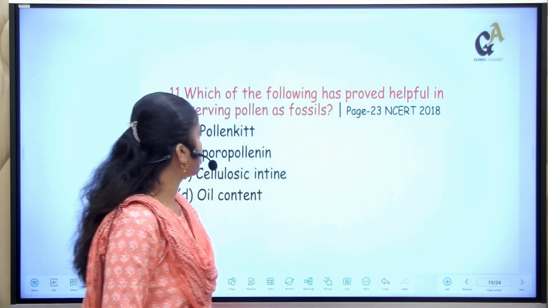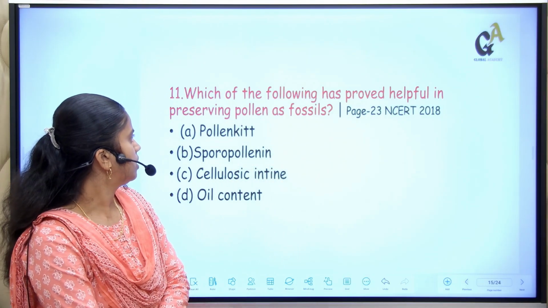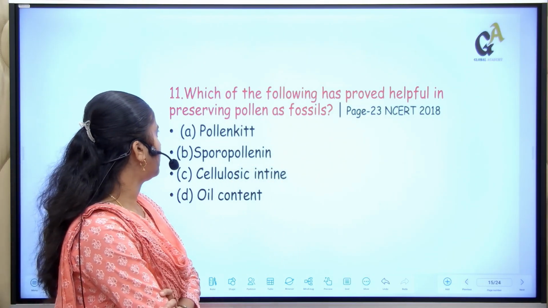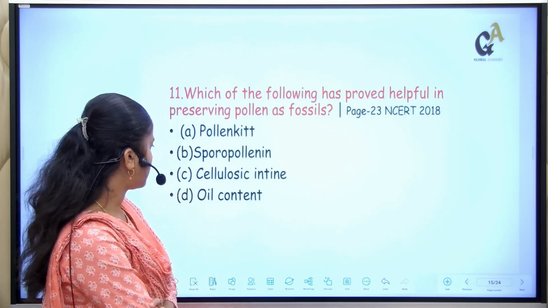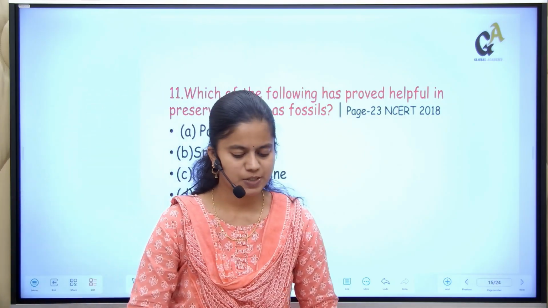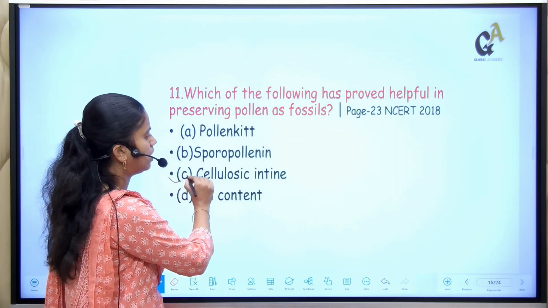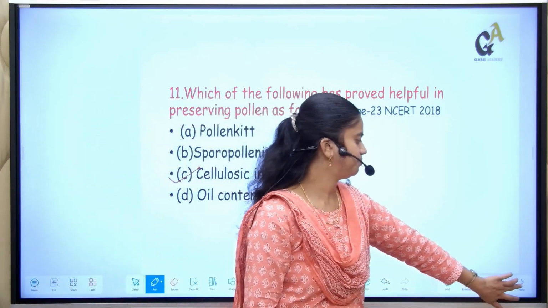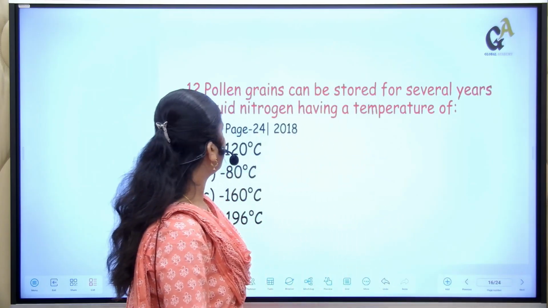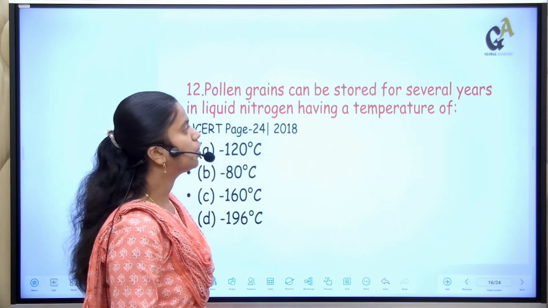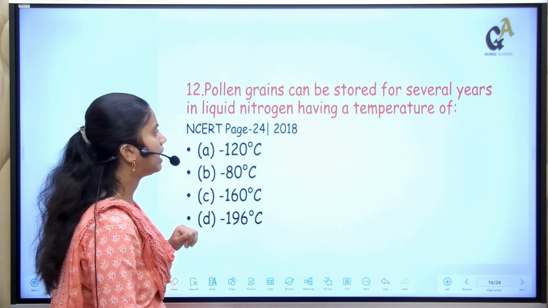Next, which of the following has been helpful in preserving pollen as fossils? That is the cellulosic intine. Pollen grains can be stored for several years in liquid nitrogen.